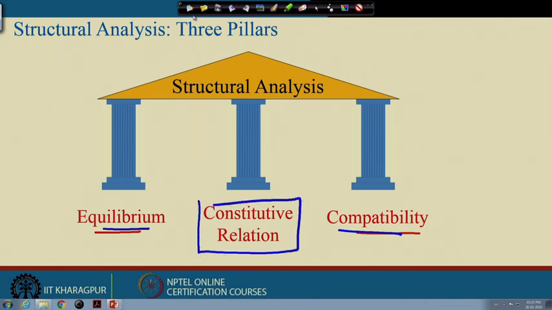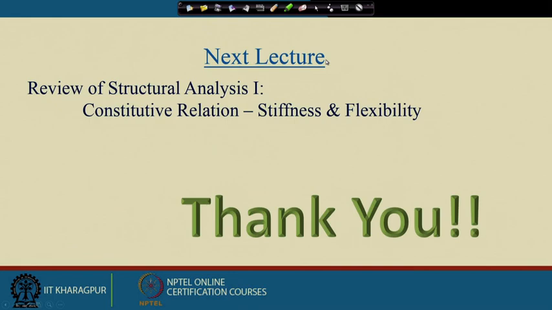So, in the next class we will revisit the constitutive relation, not the compatibility. There we come across two terms, stiffness and flexibility, which are very important because they are the building blocks of the matrix method of structural analysis.